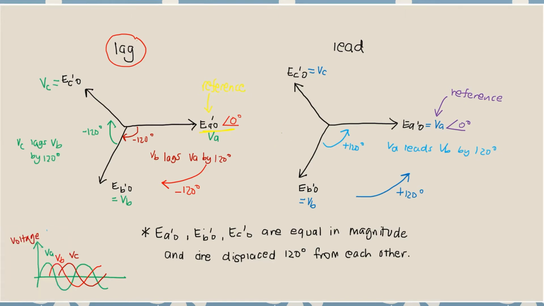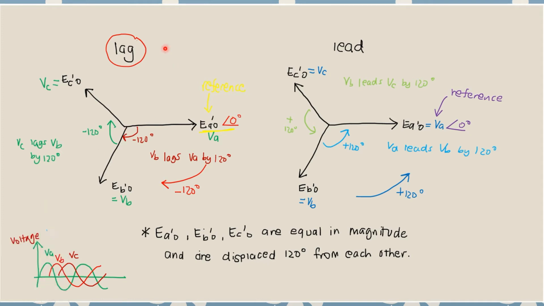And then, plus 120 degrees again, so in here you're saying that VB now leads VC by 120 degrees. Basically that is the lead and lag.